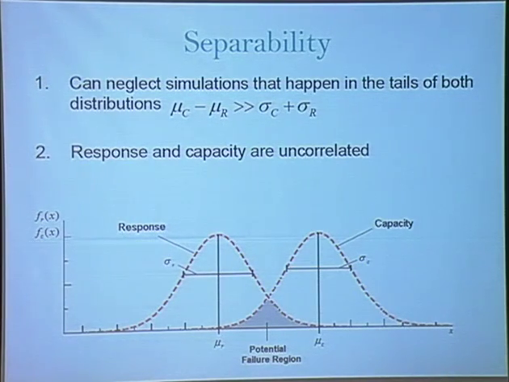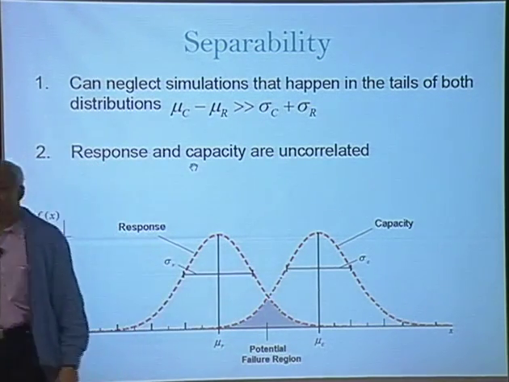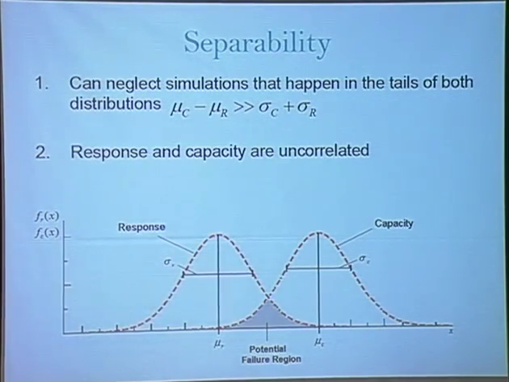So for example, if they all depend on the quality of construction, and if you have a good structure, it will have low stresses and high capacity, and if you have a bad structure, it's going to have high stresses and low capacity, then we cannot calculate the probability of failure by simply looking at the area. There is a formula that takes into account the correlation.